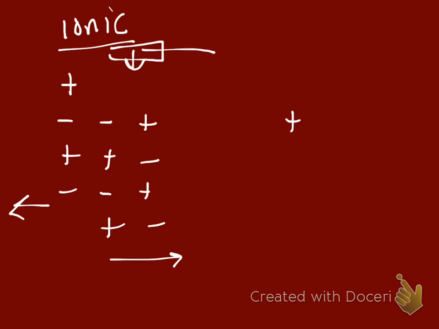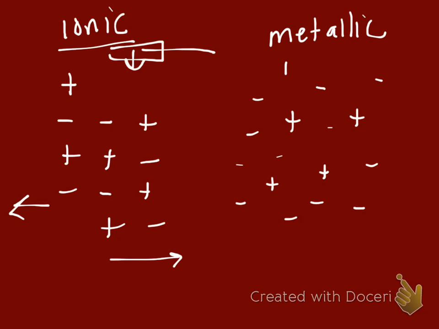Well, with our little metallic bonding, where we have all these little positive nuclei swimming in a sea of electrons, and that is the term most commonly used, just sea of electrons, these forces of attraction are running in all different directions.